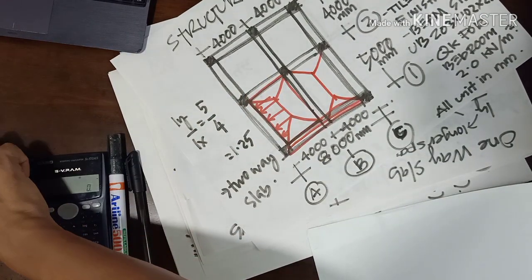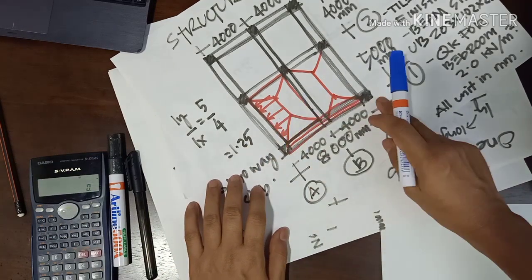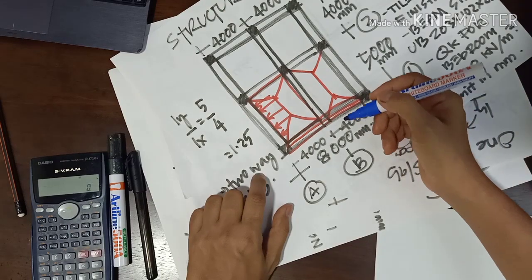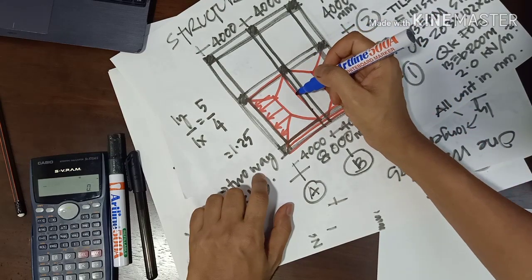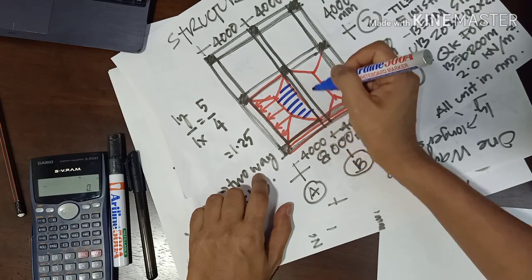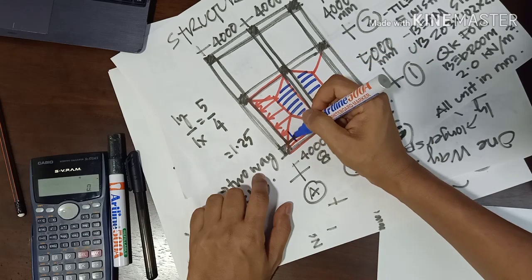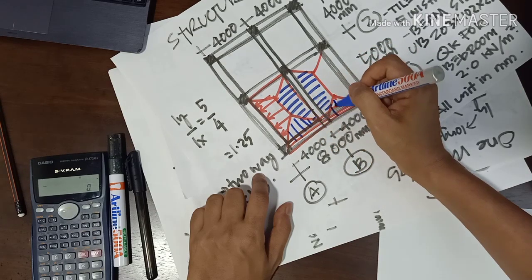So which areas will be covered in this calculation? The first area will be this area, this area, this area, and this area.